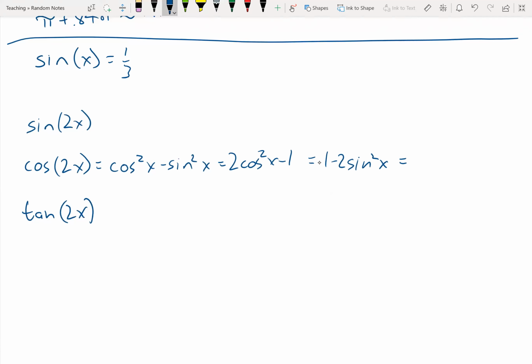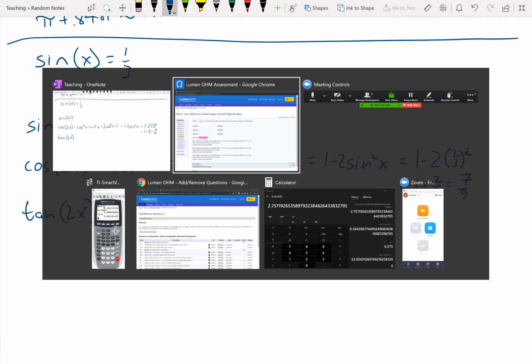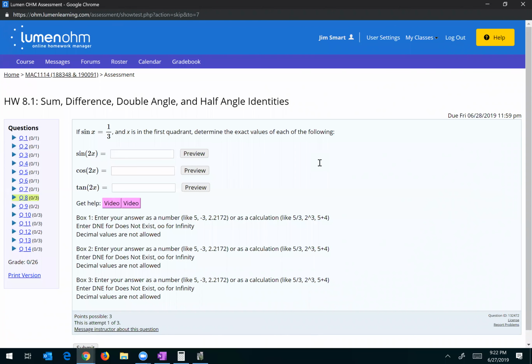Since I have sine, I can already do that. I got 1 minus 2 times the square of 1/3. The square of 1/3 is 1/9, so that's 1 minus 2/9, which is 7/9. Okay, so cosine of 2x is 7/9.